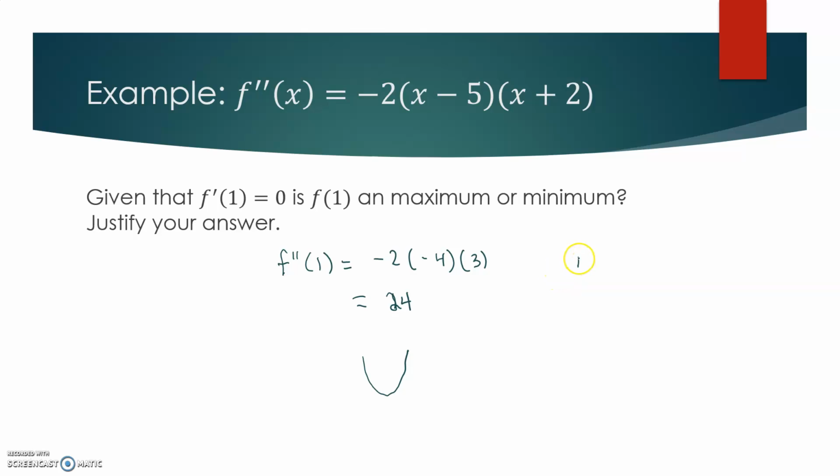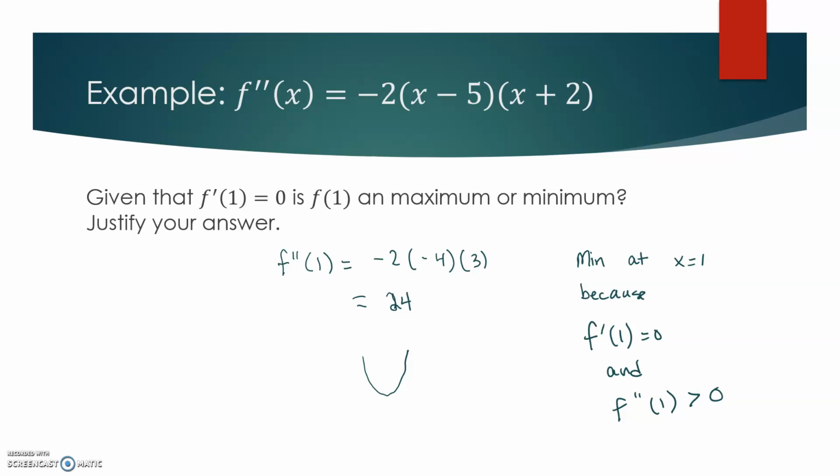So we have a minimum at x equals 1, and that justification just takes a lot less words than the justification for the first derivative test. And we also don't have the first derivative, so we don't really have a choice here.